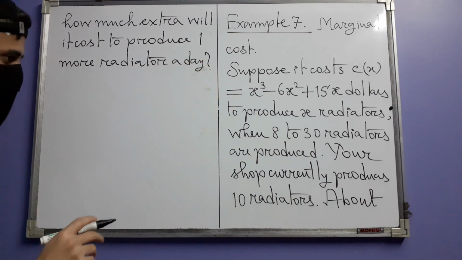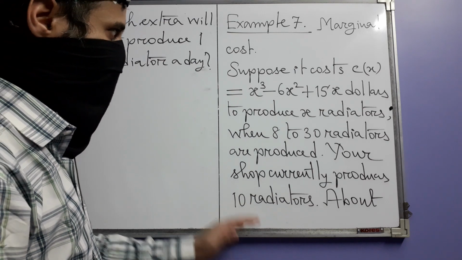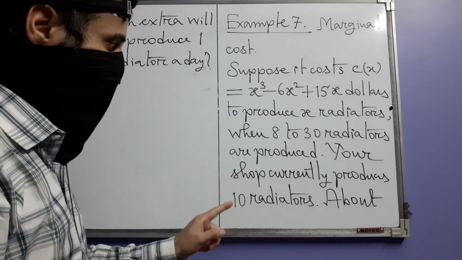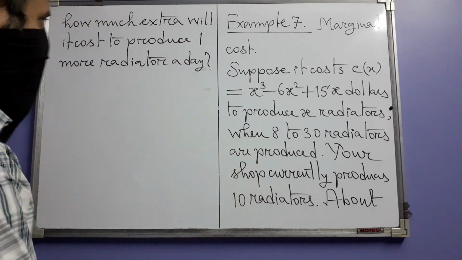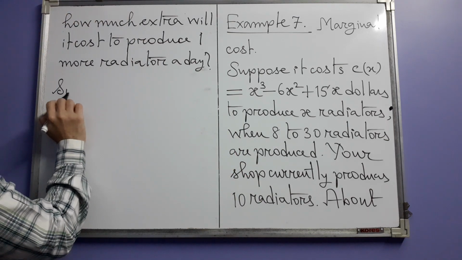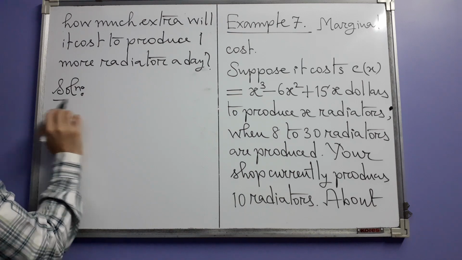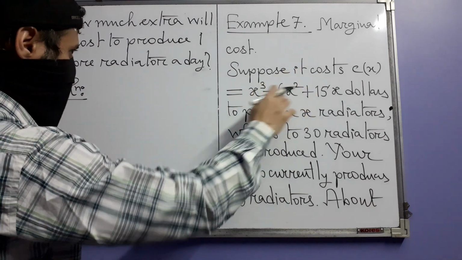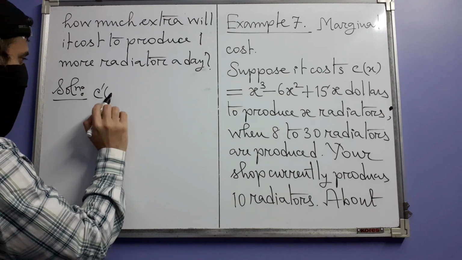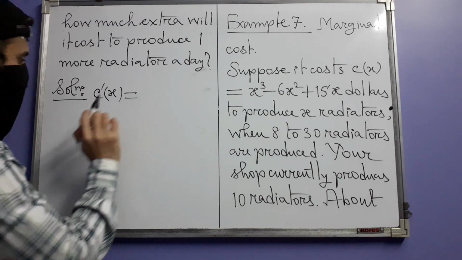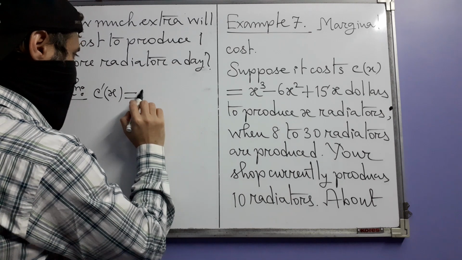So that means you just have to calculate the marginal cost when your level of production is 10, which means you have to differentiate this function with respect to x. That is, you have to first of all find the derivative.